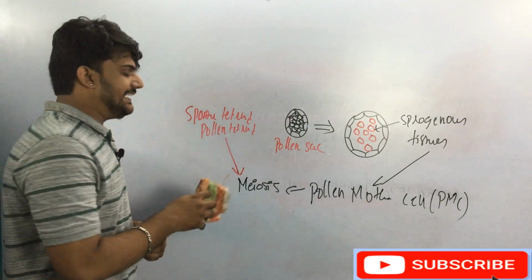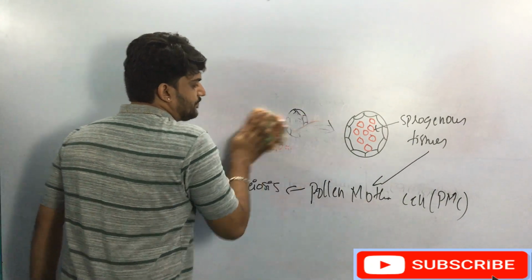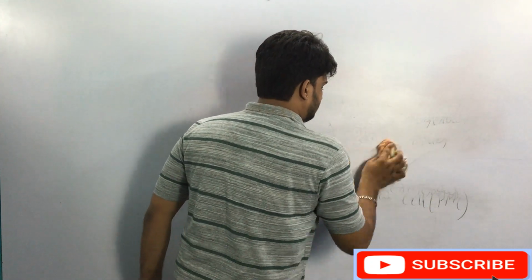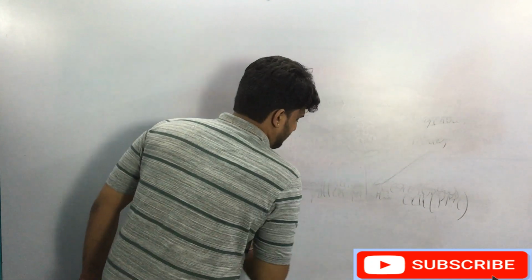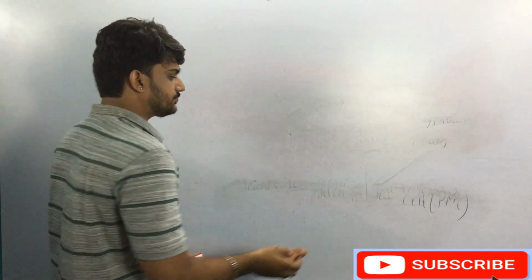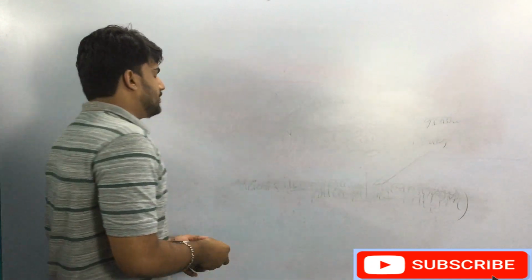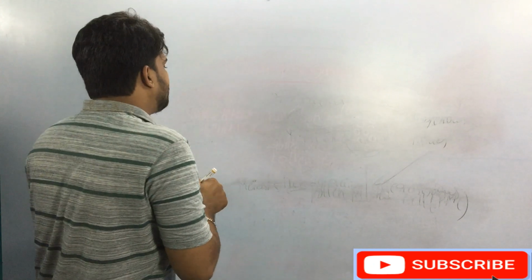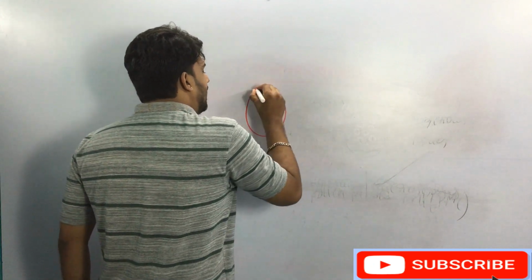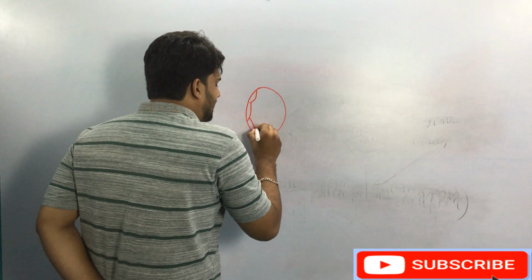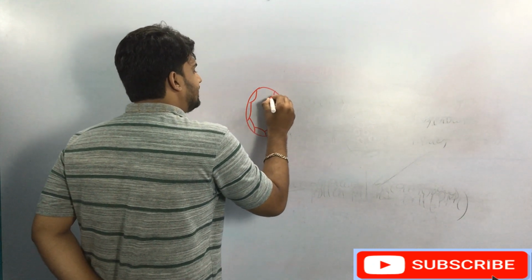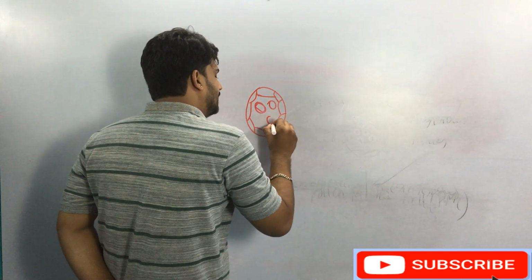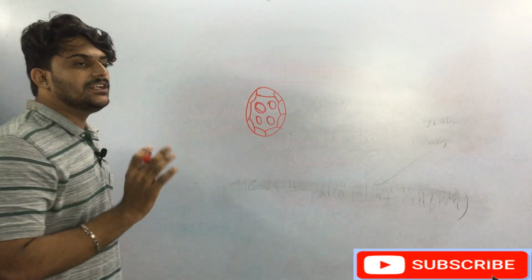I'll show you in the diagram how it looks. These pollen tetrads are mostly 4 in number, and they will be round in shape.